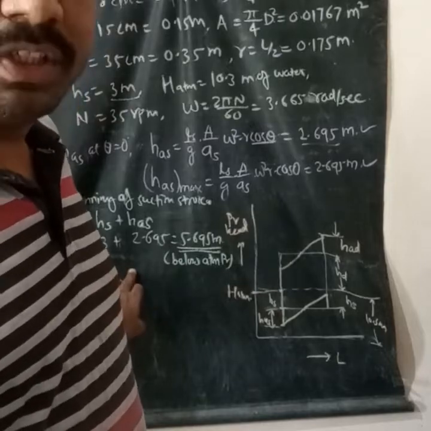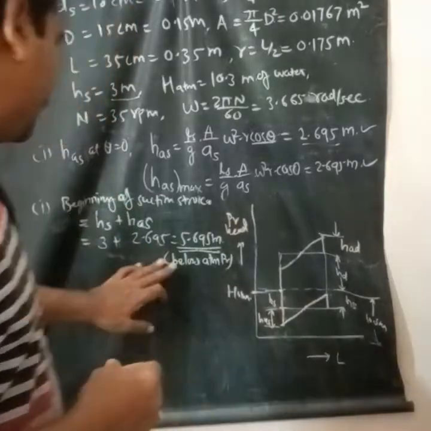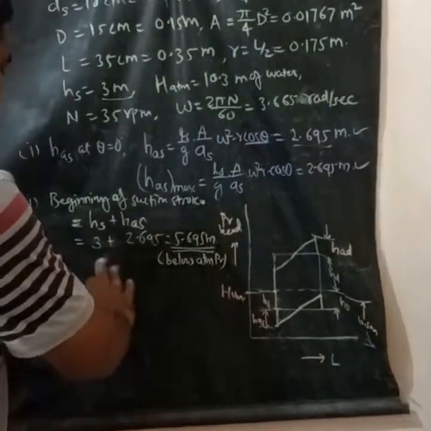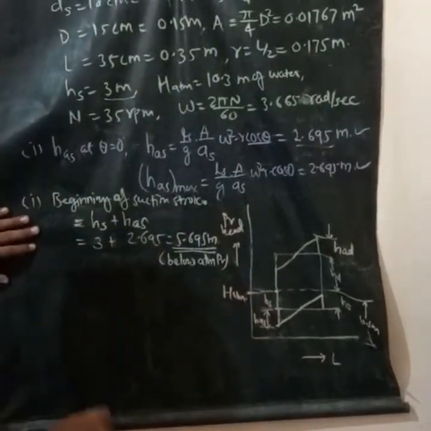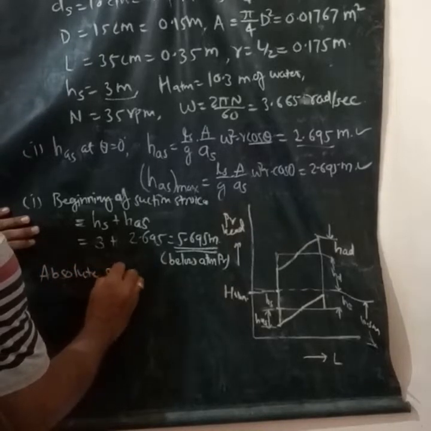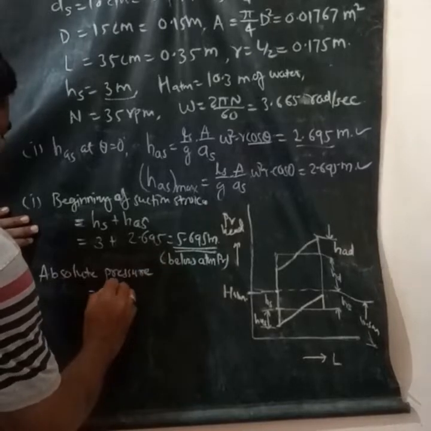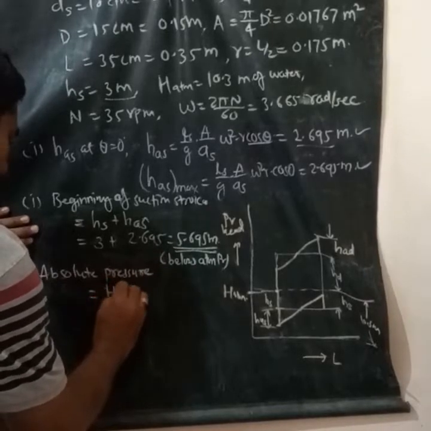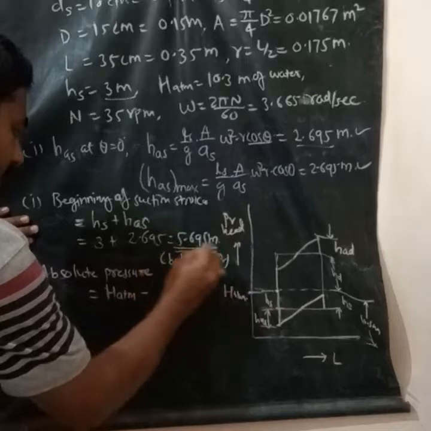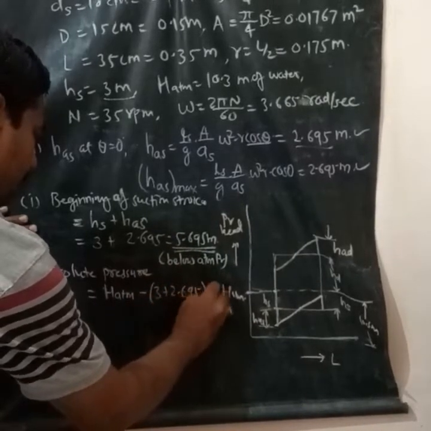If you require the absolute value of pressure, the absolute pressure will be equal to the atmospheric pressure minus this 3 plus 2.695.